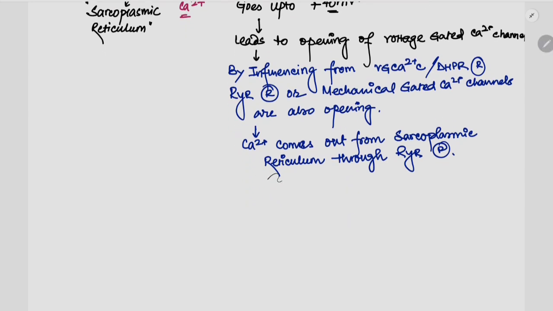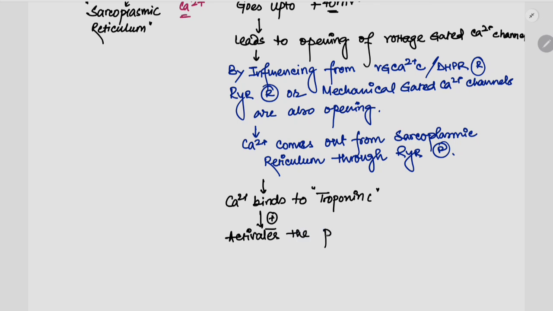Okay, next what happened, it is mainly at the molecular level. So then the calcium binds to troponin C, which further activates the troponin T. Troponin C, troponin T, tropomyosin, these all are part of the thin filament.